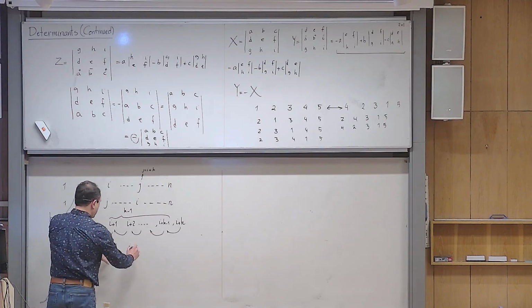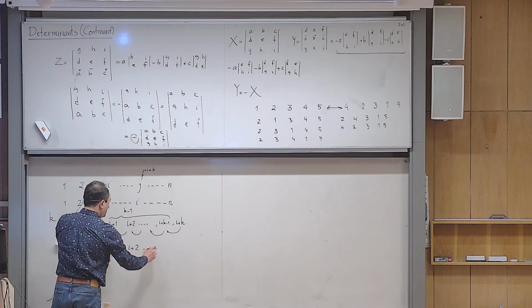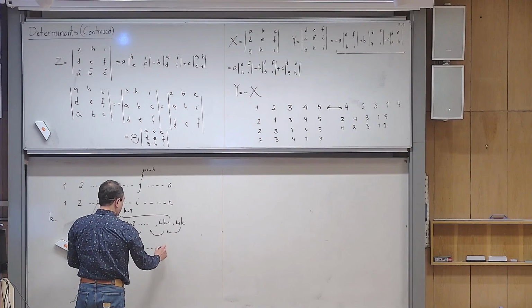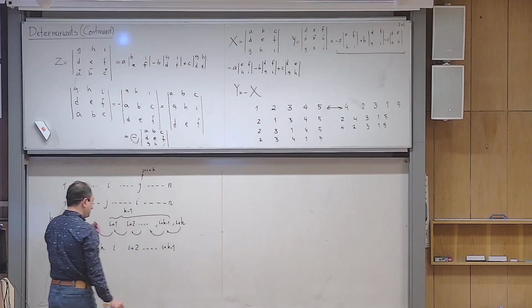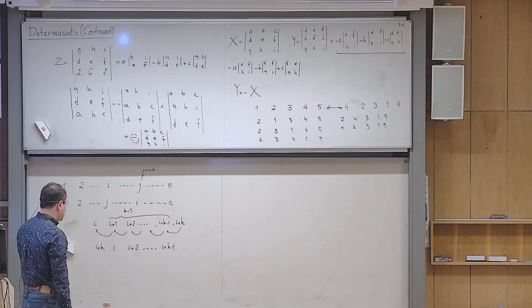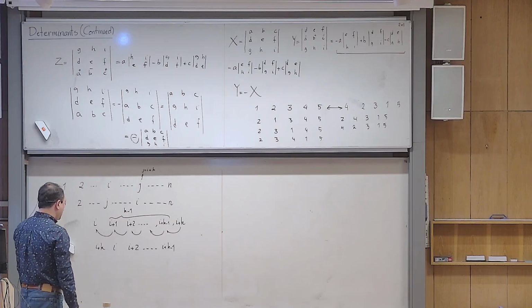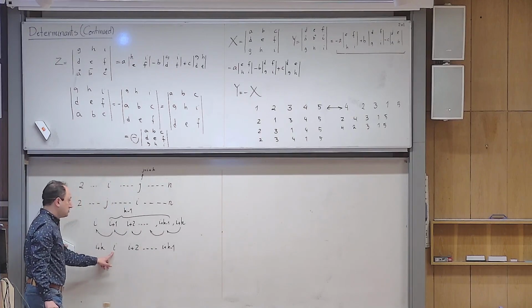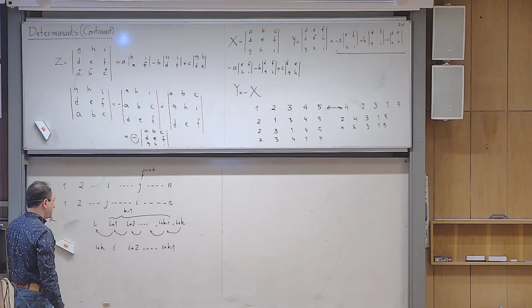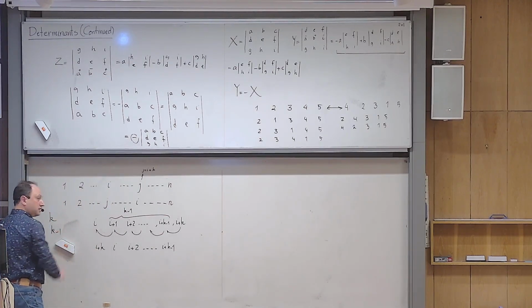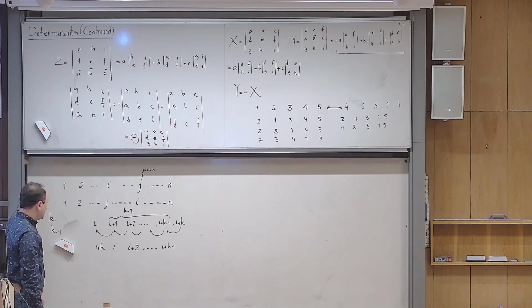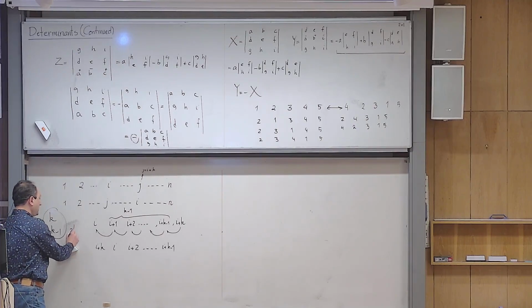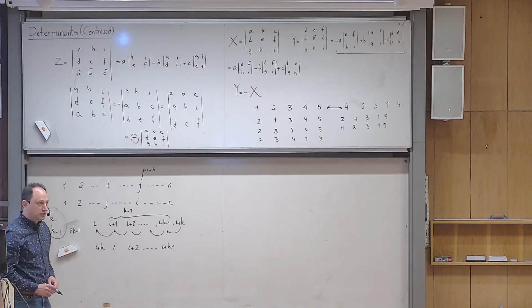I plus 2, and then we continue up to I plus k minus 1. So this is my list. But now I want to take I and put it after that. How many interchanges do I need? This time I need k minus 1 operations. And in total, how many operations do you need? 2k minus 1. But 2k minus 1 is always an odd number.